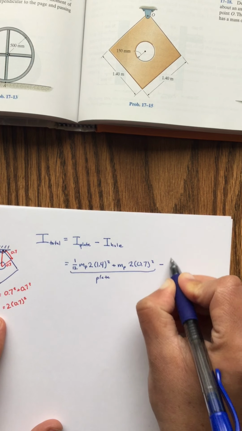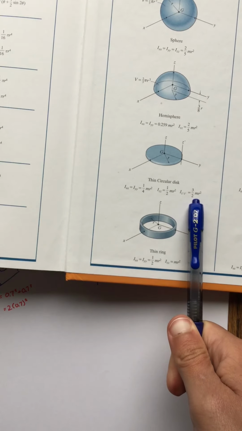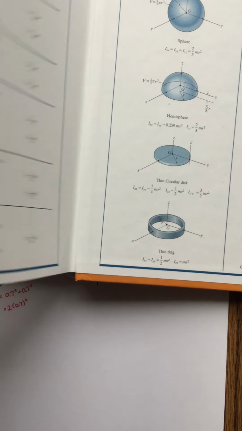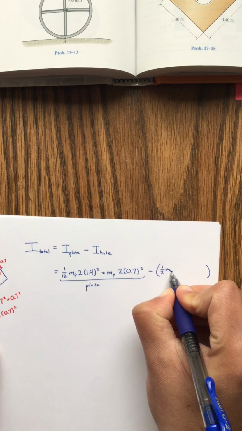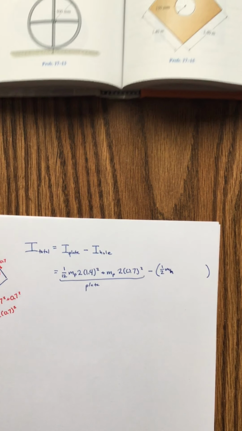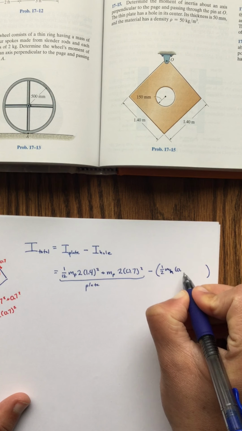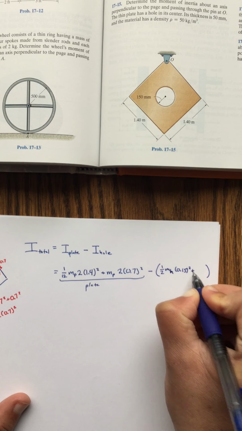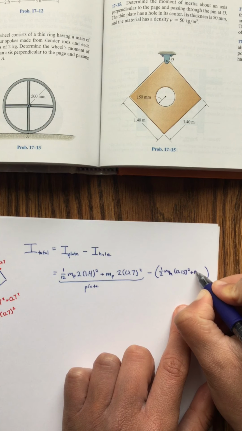Now we want to subtract the moment of inertia for the hole. So I can treat the hole as a disc, and the moment of inertia for a thin circular disc rotating about an axis going through its mass center, that's 1/2 mr squared. So this is 1/2 times the mass of the hole. The radius of the hole is 150 millimeters, so that's 0.15 squared, plus you have to use the parallel axis theorem here also, so that's plus the mass of the hole.